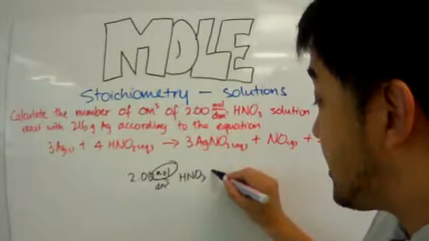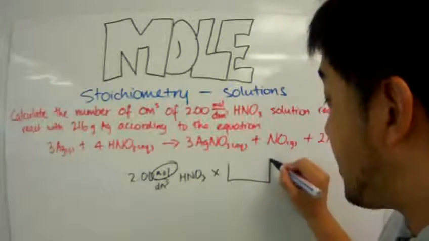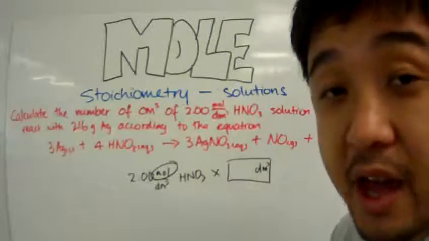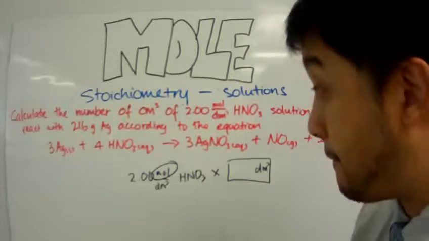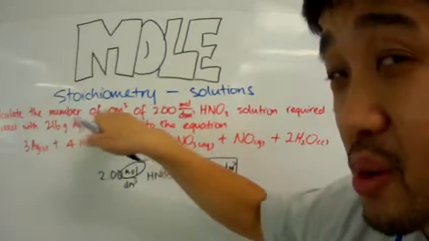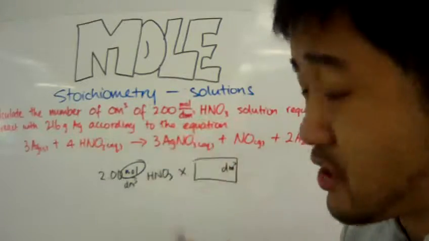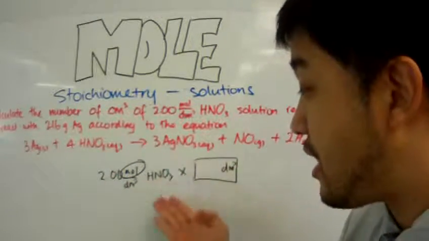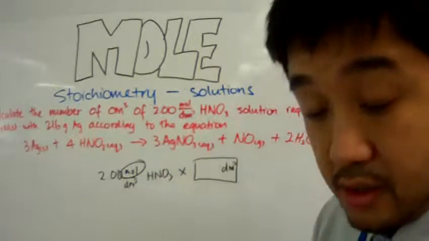Well, I would need to multiply by some volume, right? And do we have that information? No, we don't, because you are required to find the volume of nitric acid. So we can't determine the moles of nitric acid that was used.